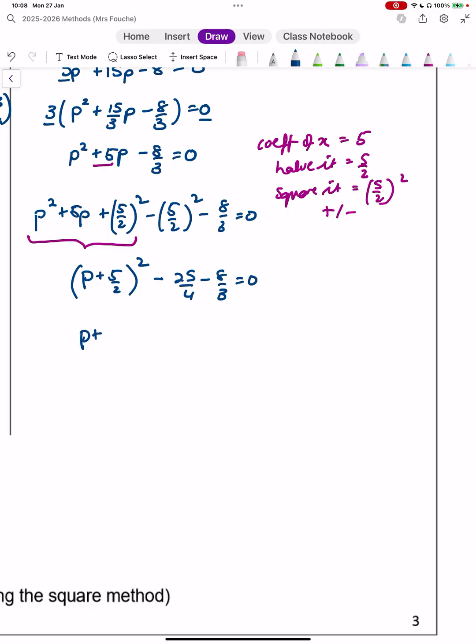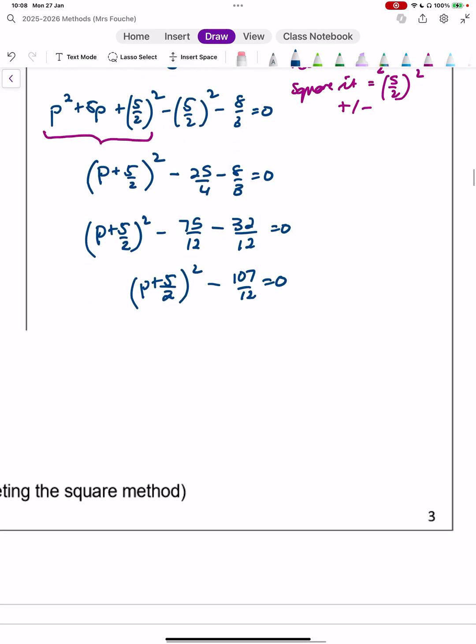So let's do that. So 75 on 12 minus 32 on 12, and that gives me p plus 5 on 2 all squared minus 107 on 12.